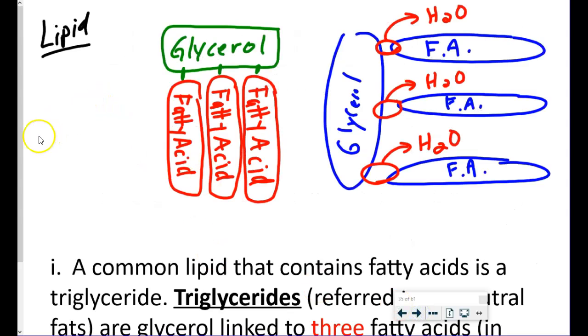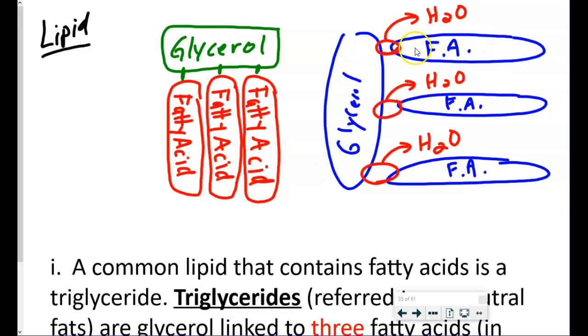All right, last thing. On your worksheet, you've got this. Here are the 3 fatty acids and a glycerol that I showed you before. Here it is facing one way, and here it is facing sideways.